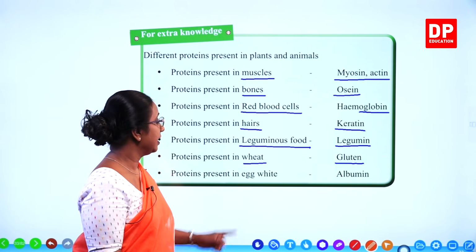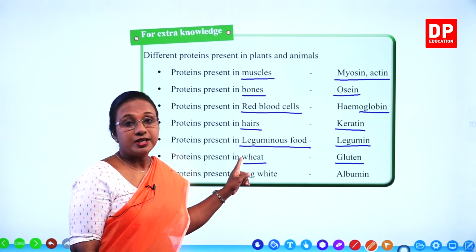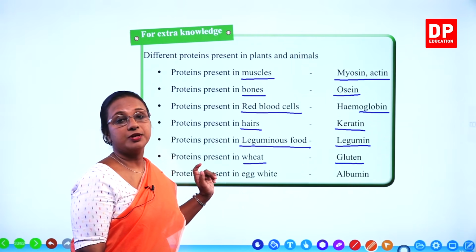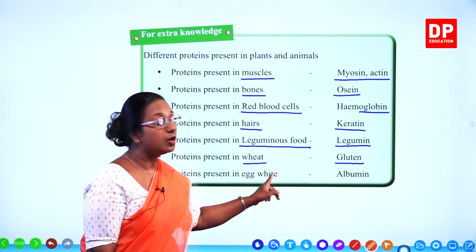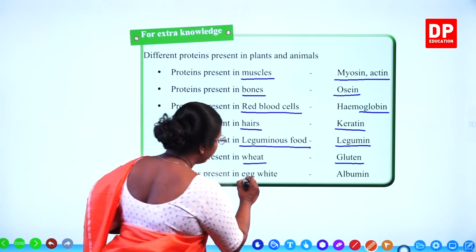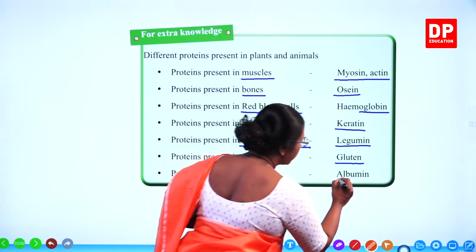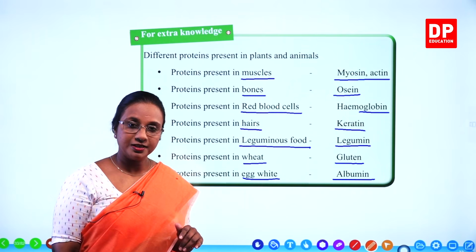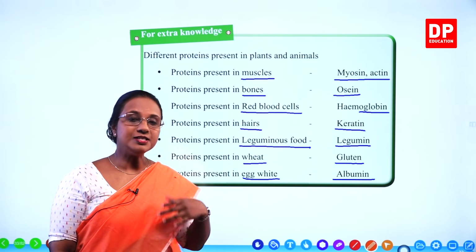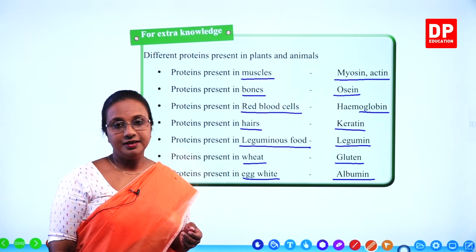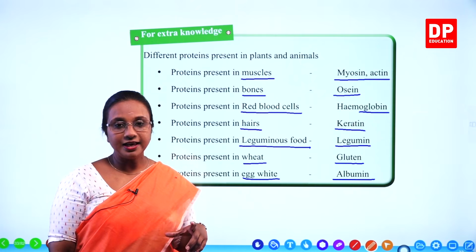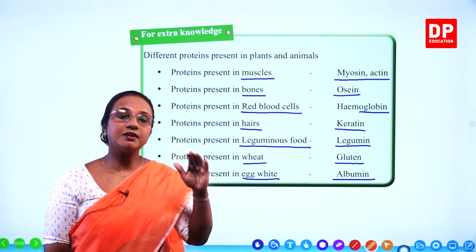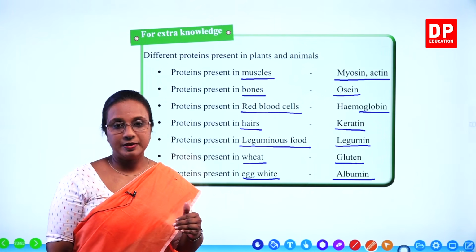And finally, we said the protein-rich food. One of the protein-rich food is egg white. And this egg white contains a special type of protein that is called albumin. You have this experience of frying egg. Initially, when you break the egg, the white looks colorless. It looks transparent.